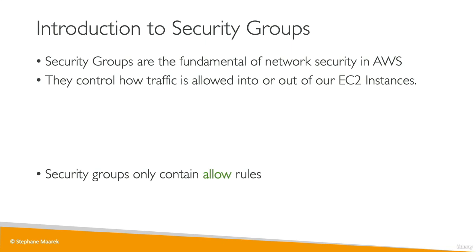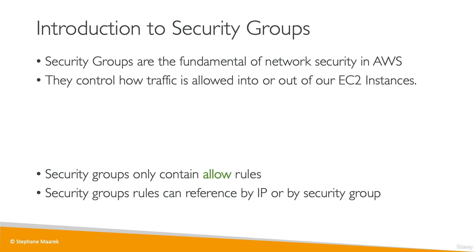Security groups can have rules that reference either IP addresses, so where your computer is from, or other security groups. As we'll see, security groups can reference each other. Let's take an example. We are on our computer, on the public internet, and we're trying to access our EC2 instance from our computer.